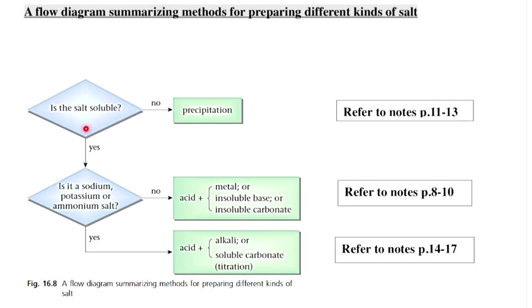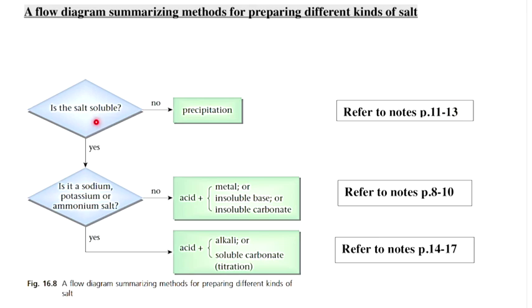Okay, if it's an insoluble salt, so it says no, then we can use a precipitation reaction or double displacement reaction. Okay, by mixing two solutions together to produce a precipitate, and then we can filter the precipitate and dry it to get the pure target salt we want. Okay, please refer to your notes page 11 to 13 for more information.